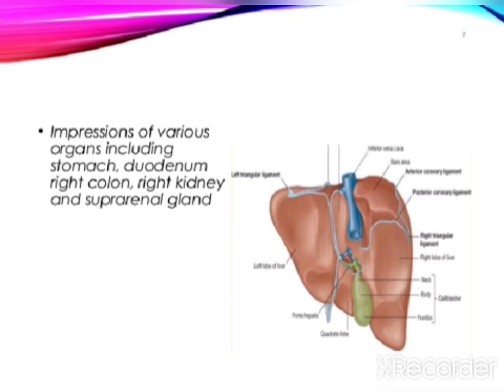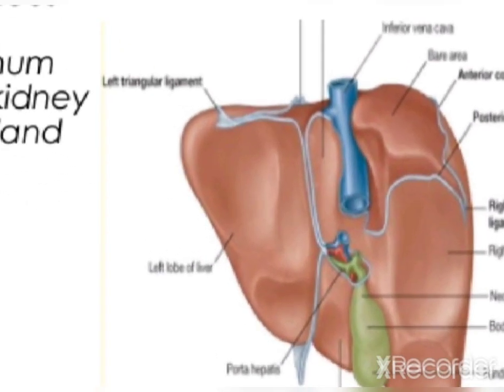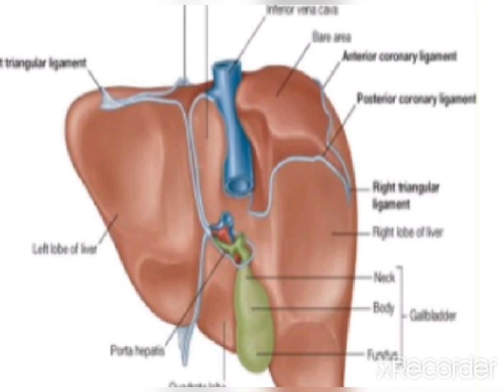The inferior border is notched by the interlobar notch, or the notch of ligamentum teres, and a cystic notch for the fundus of the gallbladder.